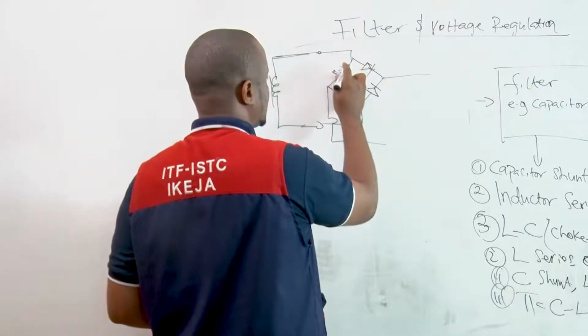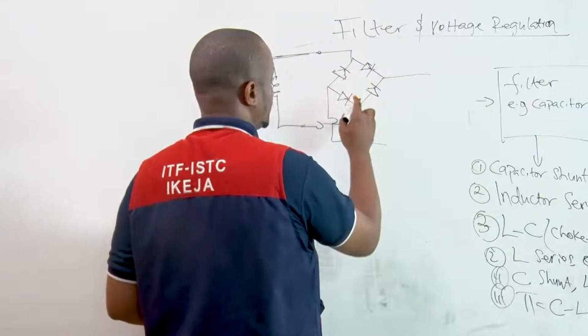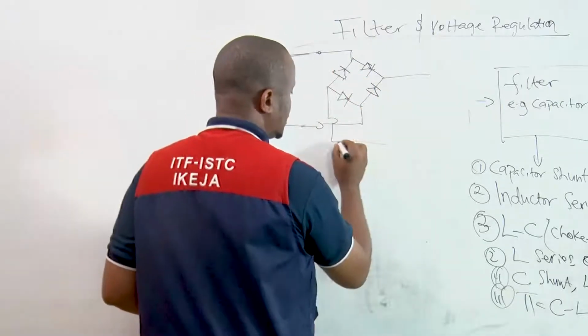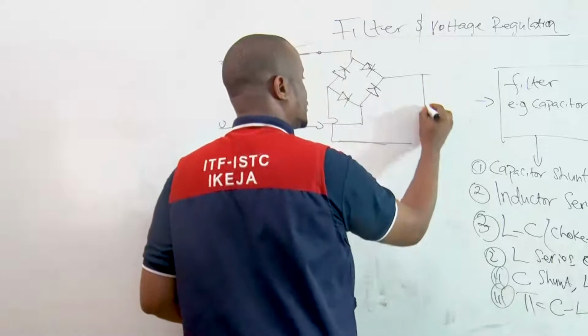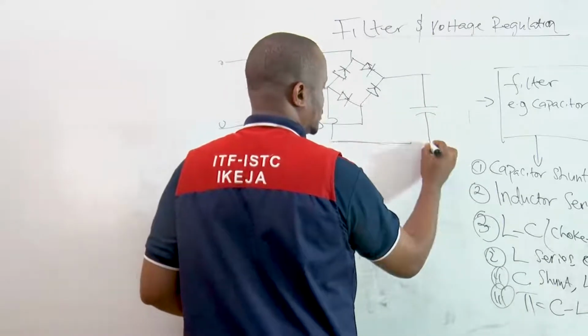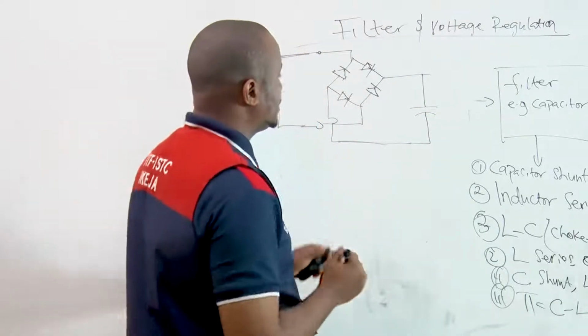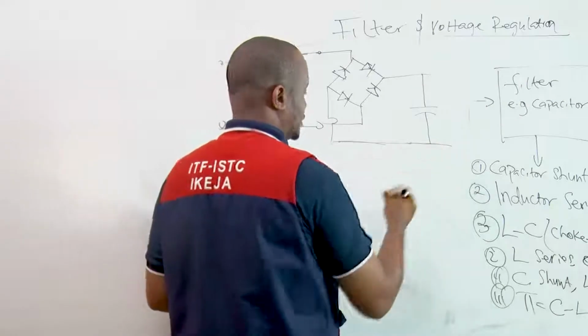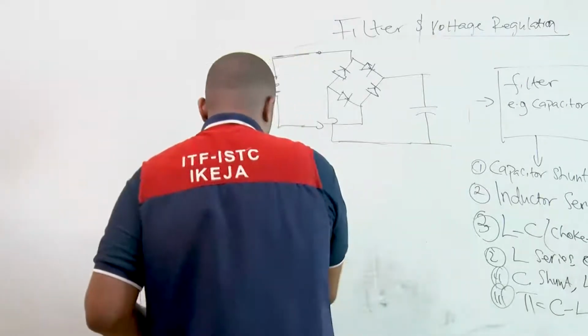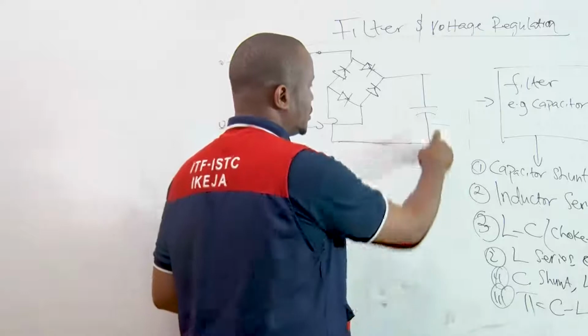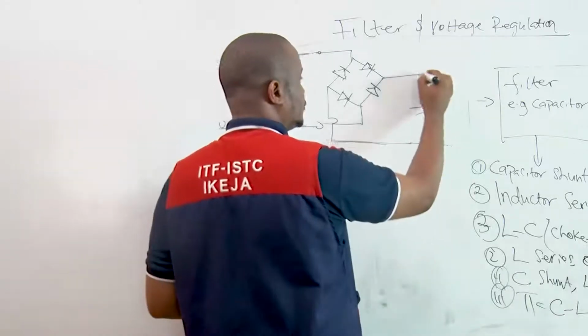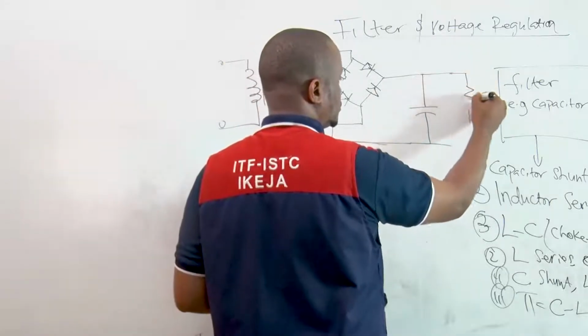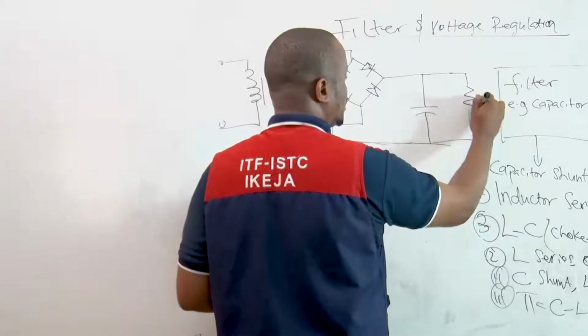So after this, the next thing we are going to be connecting is the capacitor. This is the capacitor, and this capacitor is the filter. This is the capacitor shunt before we can have the load. And the load is the RL.